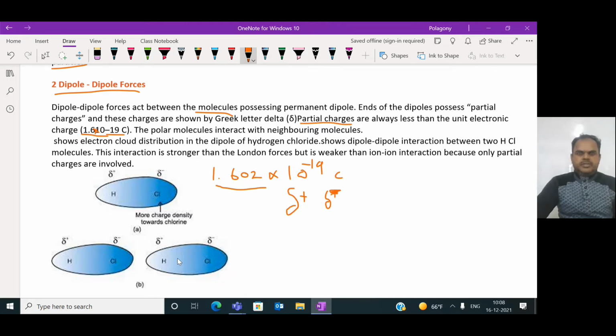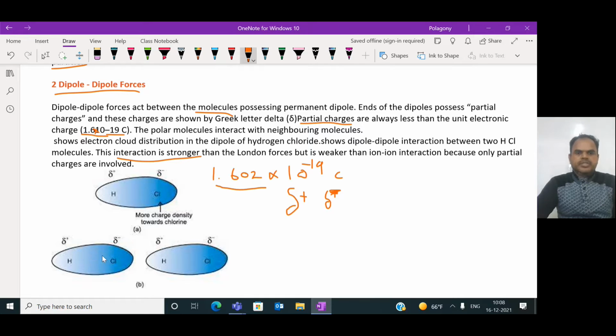So if you take polar molecules, among the polar molecules there is a stronger interaction, and this interaction will develop attraction forces between this HCl and this HCl. HCl has one side positive charge and the other side negative charge, meaning towards hydrogen is partial positive, towards chlorine is partial negative.